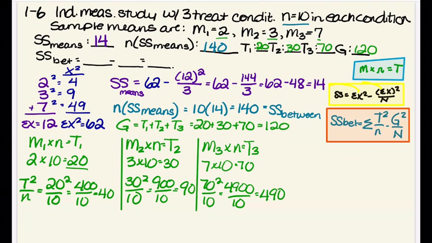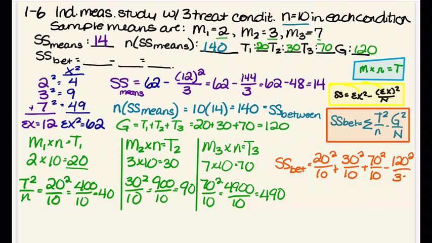Next, we have to calculate the sum of squared deviations between treatments, and we'll use our formula, which is the sum of T squared divided by n minus G squared divided by N. Since we've already calculated T squared divided by n, we can just add up 40 plus 90 plus 490, and then subtract our G value squared divided by capital N. The capital N indicates the total number of scores in the entire study, where the lowercase n is just the number of scores in each treatment.